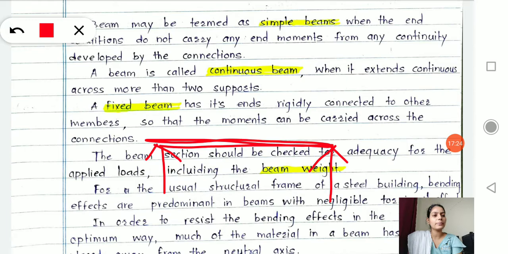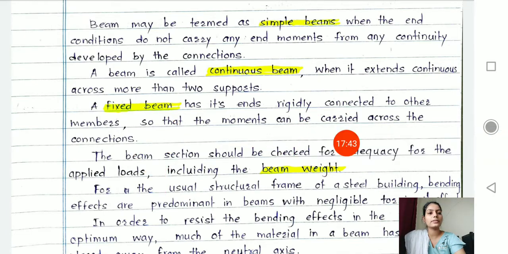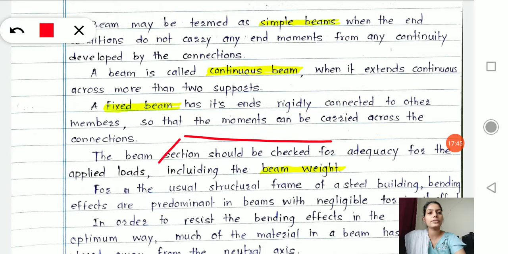At a simple beam, at the simple support, what is allowed? Is rotation allowed? No, rotation is restricted. Yes, I must make a better diagram for it.